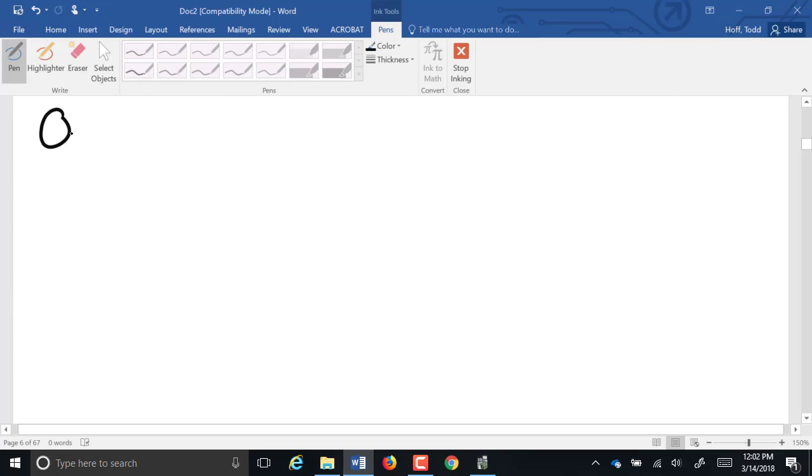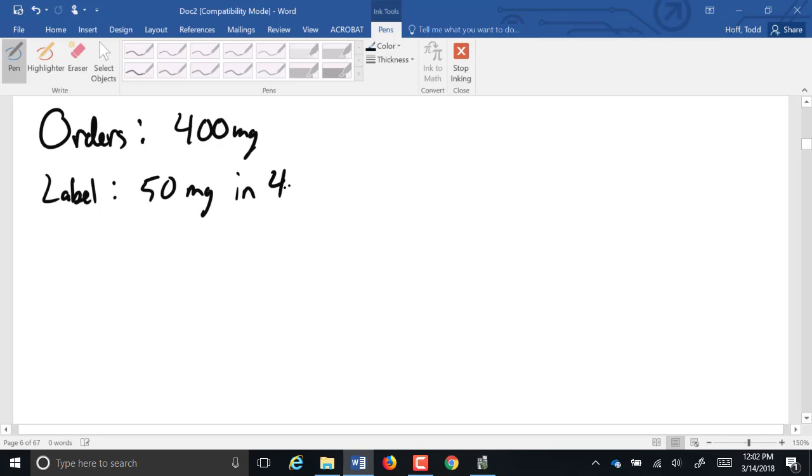Our doctor orders 400 milligrams of medication, and our label stated it was concentrated at 50 milligrams in 4 milliliters of fluid. So again, we think of this as being an equivalency. That's 50 milligrams of medication is equivalent to 4 milliliters of the fluid.